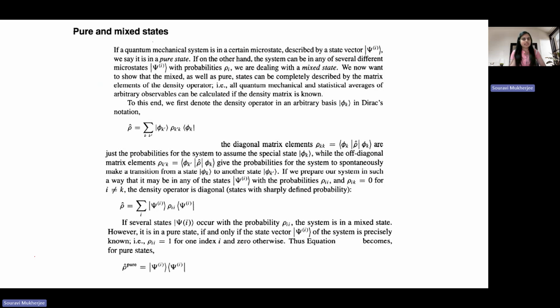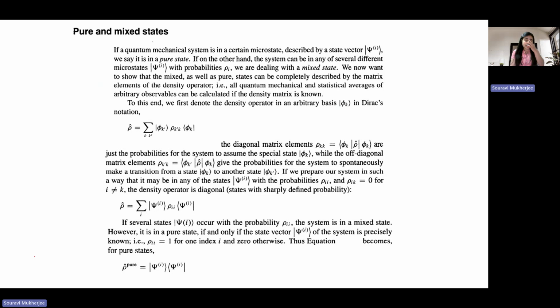You know for sure this is the state. Then it becomes a pure state. And if you do not know that, rather you know that there is a probability of being in this state with P1 probability and then being in the other state with P2 probability and all this kind of thing, then it becomes a mixed state.